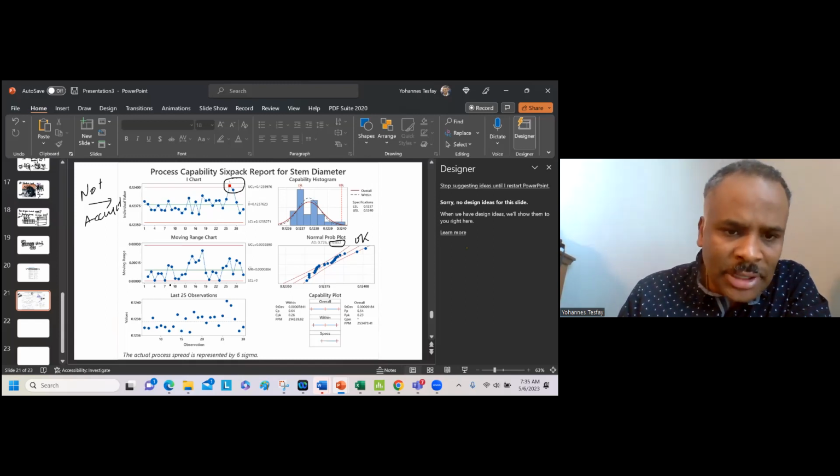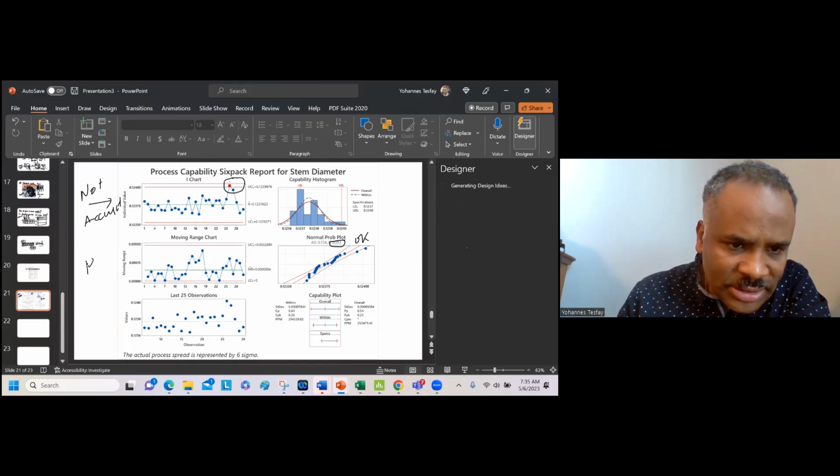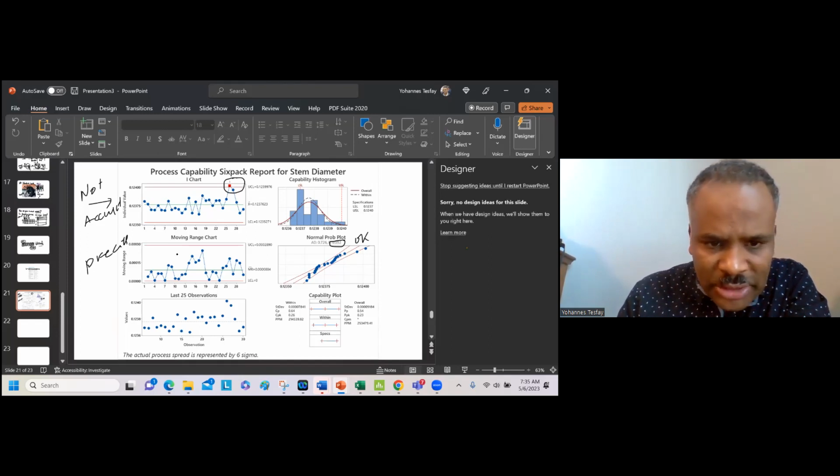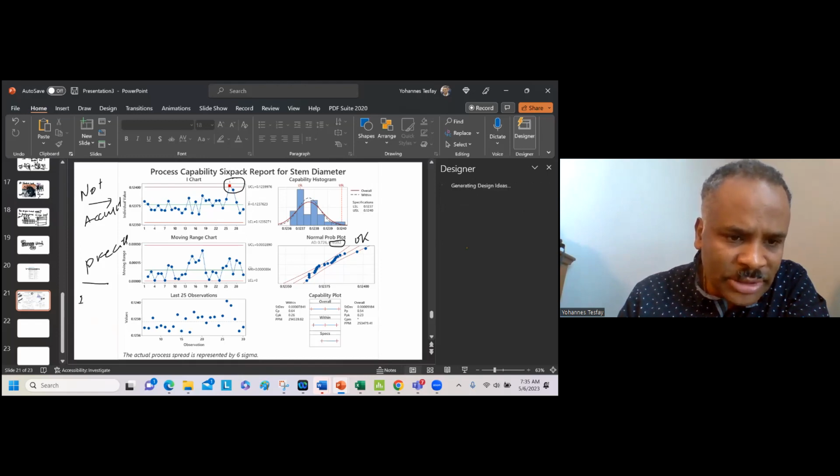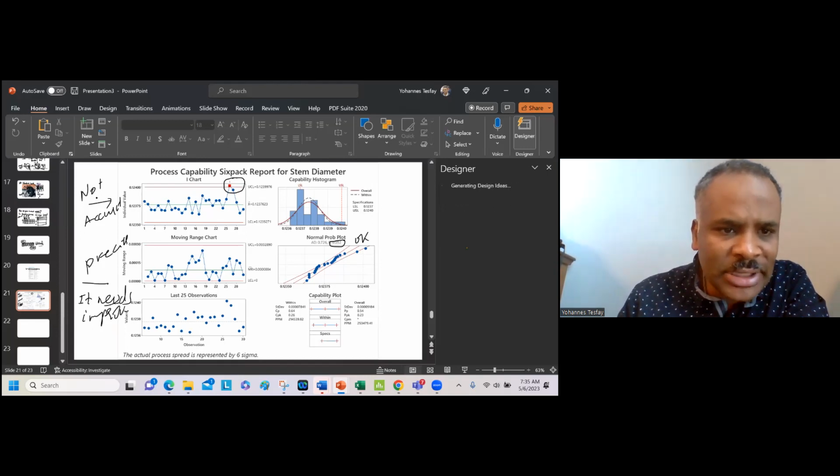But it's precise, because none of these observations get out of this boundary. So the conclusion is it needs improvement with respect to accuracy.